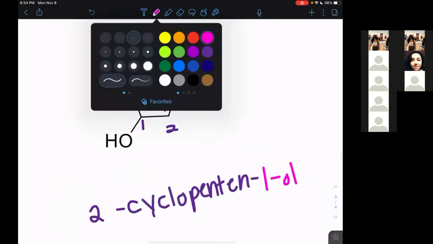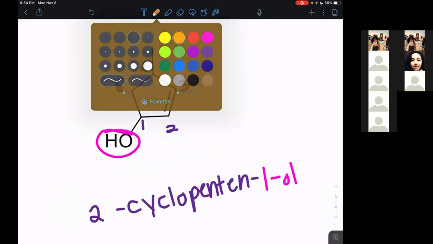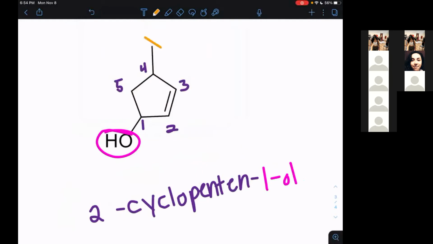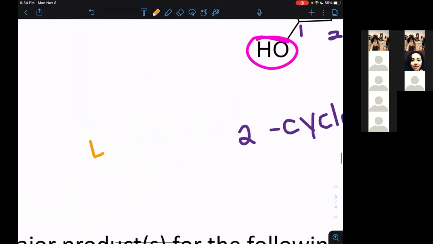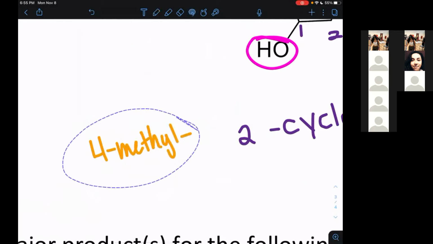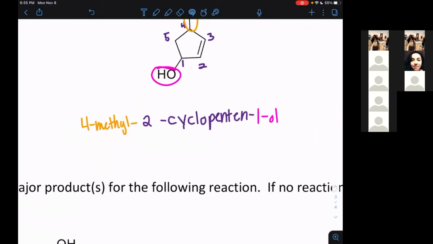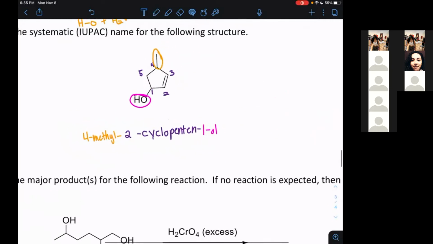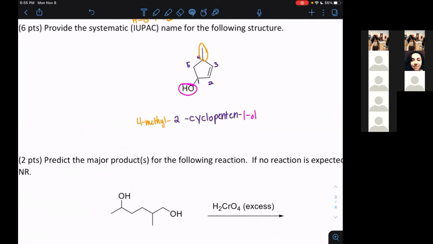And then there's also the methyl attached to it here, and that's just 4-methyl. So that's how you name those ones. Is that one good with everyone? Yeah, it's good.